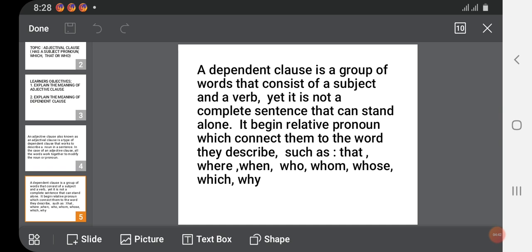Then tell me, your dependent clause consists of what? A subject and a verb, correct? So who can tell me, can a dependent clause stand on its own or not? It cannot stand on its own. Yes, they're all correct. Let's proceed.